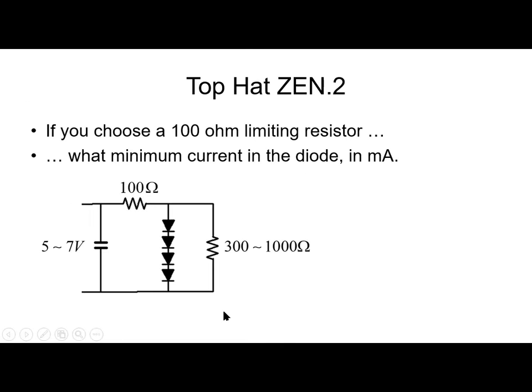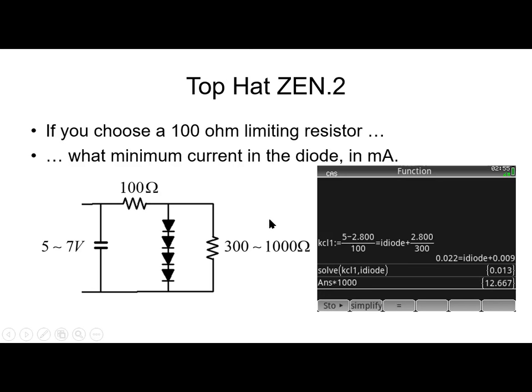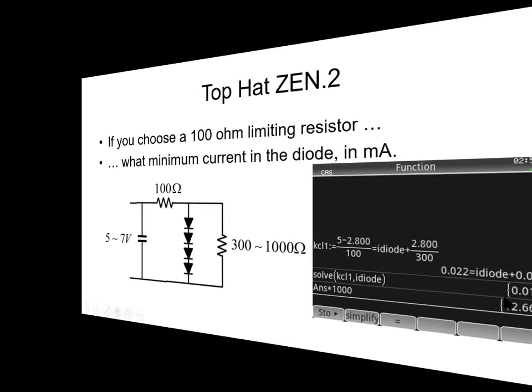The second question here is, if you choose a 100 ohm limiting resistor, same as before, what is the minimum current in the diode? Well, that happens when this voltage is 5 and this resistor is 1000 ohms. We solve that KCL equation and get that the current is 12 and 2/3 of a milliamp.